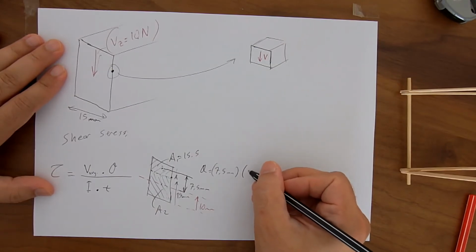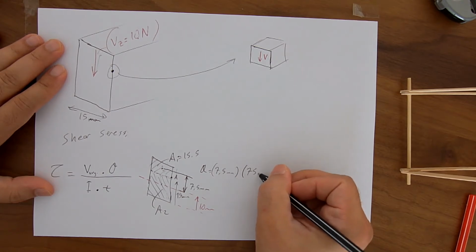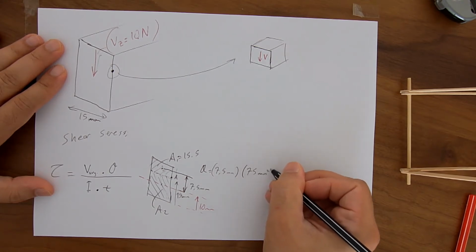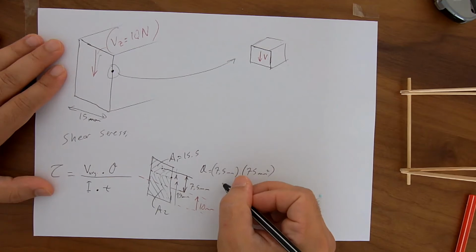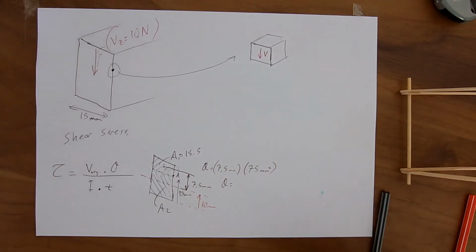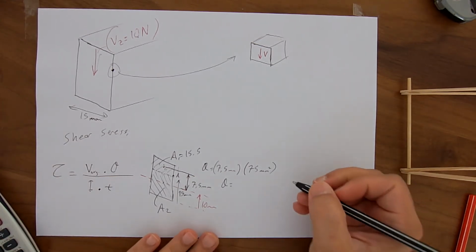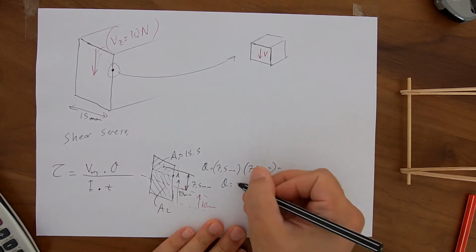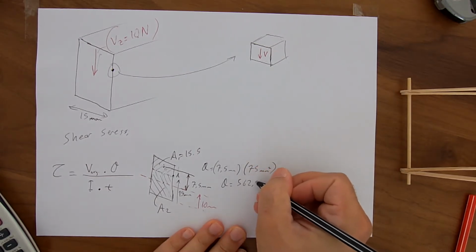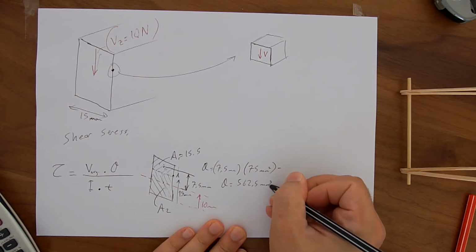It is equal to 75 millimeters squared, and it is equal to 7.5 times 75, 562.5 millimeters cubed.